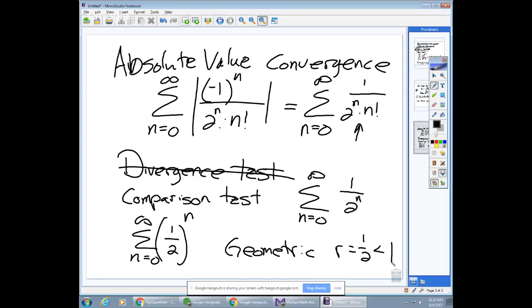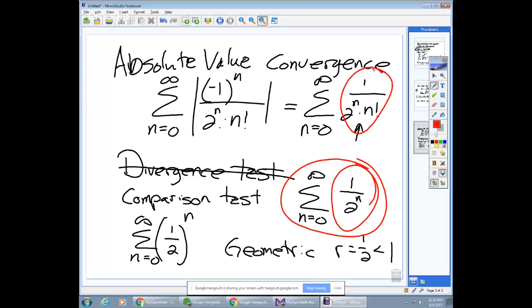You with me? Okay, so it's convergent. Is this new series here, are the terms, the little pieces, bigger or smaller than those guys there? Smaller? Which one's smaller? The new series is smaller, right?